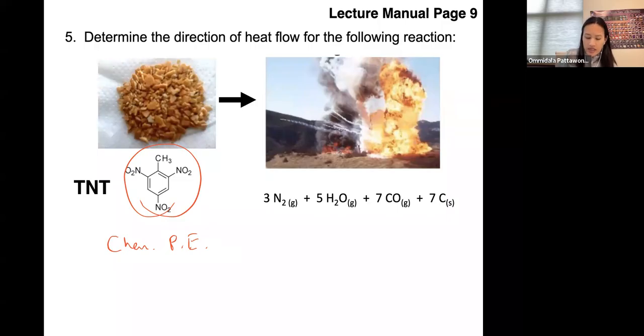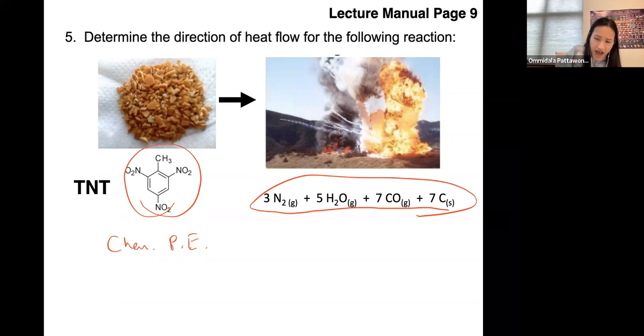So in this case, if you see the transition from TNT to all these chemicals, you probably notice that because TNT gives up energy, that means this TNT is at a higher energy state. So this potential energy state here is actually higher than all of these potential energies. Right? So all of these added up together, the potential energy would be a little bit lower or at a more stable state. So that's why it gives off a lot of heat or energy, right?